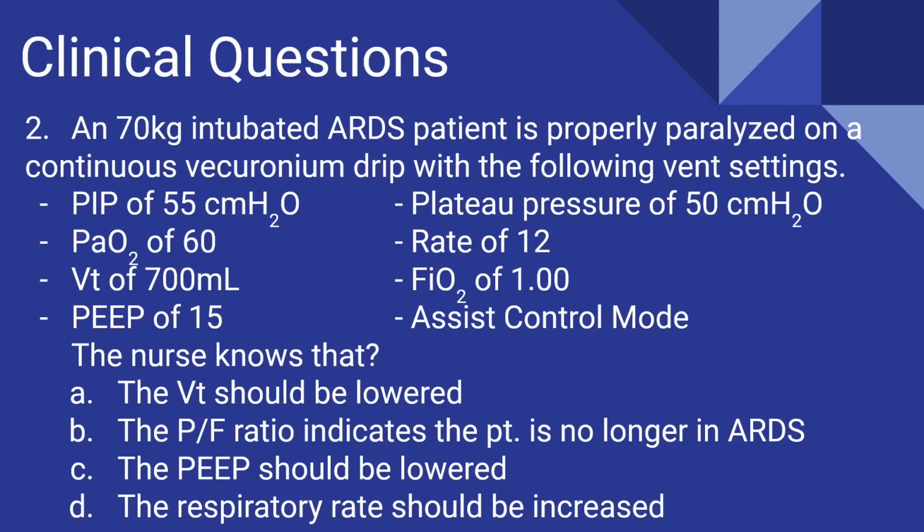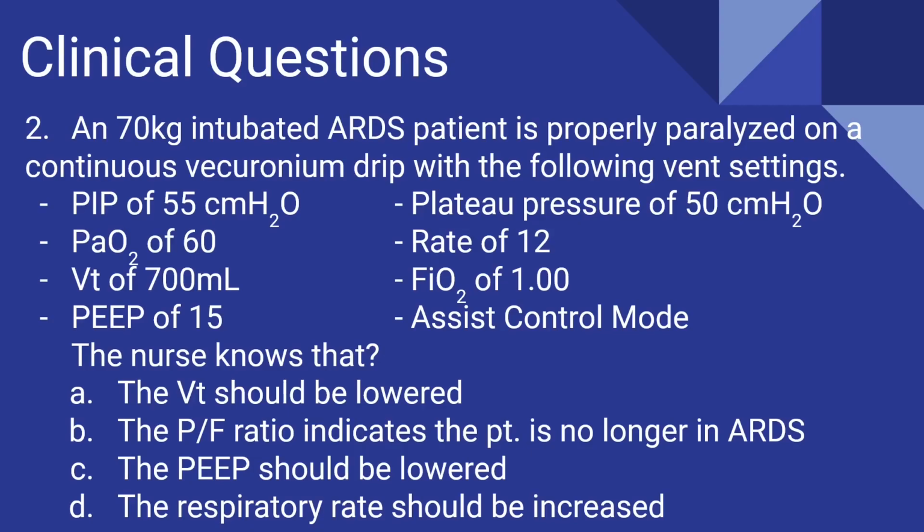The patient's PaO2 was 60. Their rate is 12. They had a tidal volume of 700. Their FiO2 was 100%. They're set at a PEEP of 15, and they're on assist control mode.